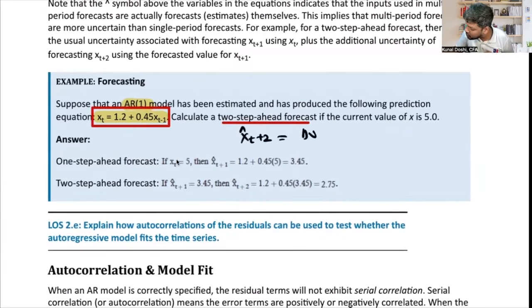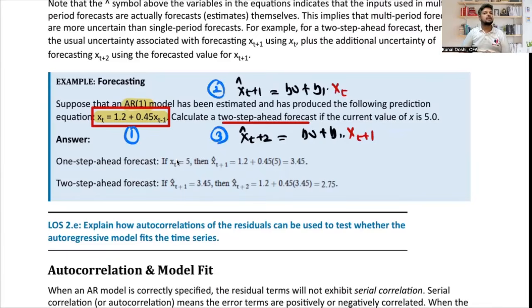So it will be B0 plus B1 times X T plus 1. But before that, I first need T plus 1, right? So first I will predict X T plus 1, which will be B0 plus B1 times X T, the current year T. And before this, I'd have to predict X T. So first I'll have to do this, and then this.